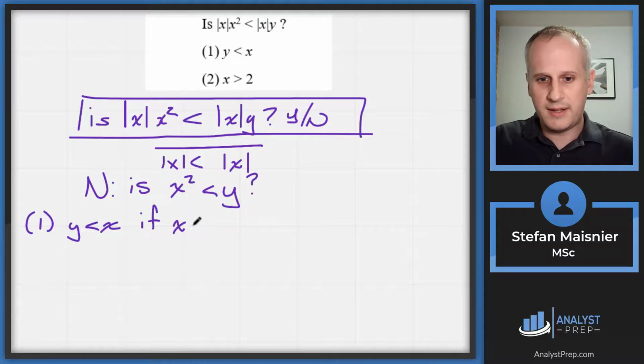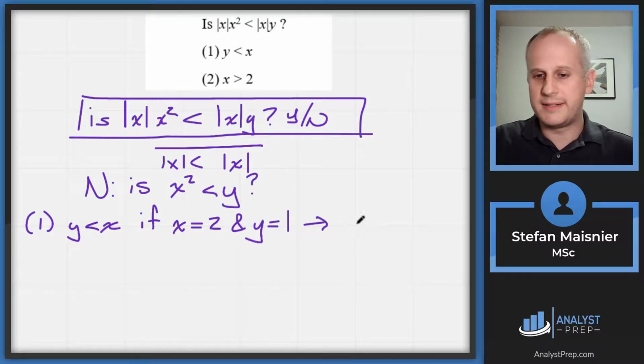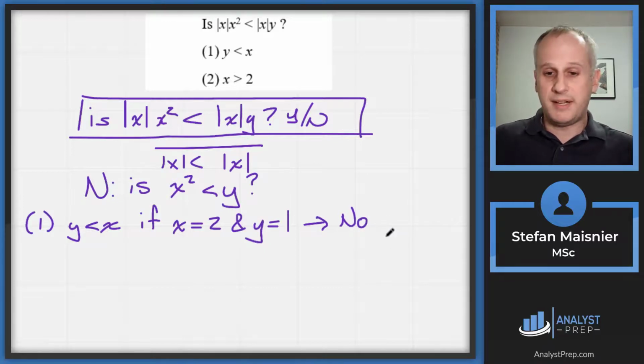If x is equal to 2 and y is equal to 1, then for this original question of x squared being less than y, the answer is no, because 2 squared is not less than 1. Simple enough.